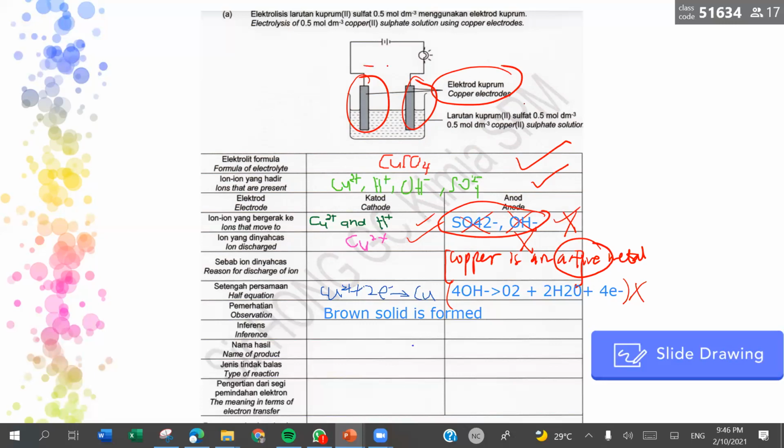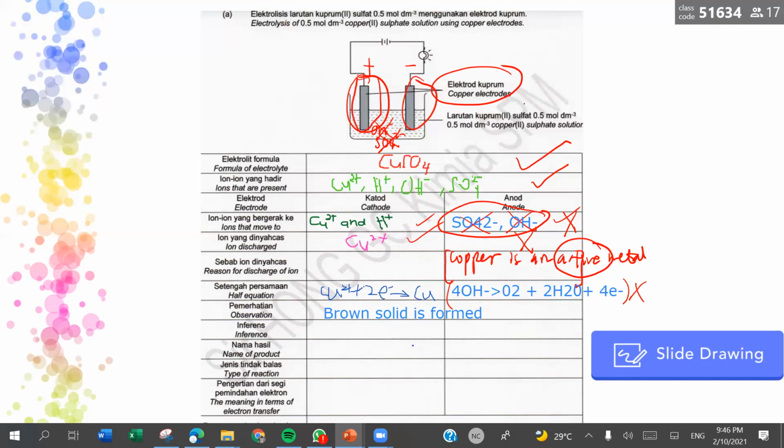So this is teacher's anode. This is just the cathode. When I have an active electrode, even though OH- and SO4 2- are going here, I do not care whatever's going here. I will always look at my anode.